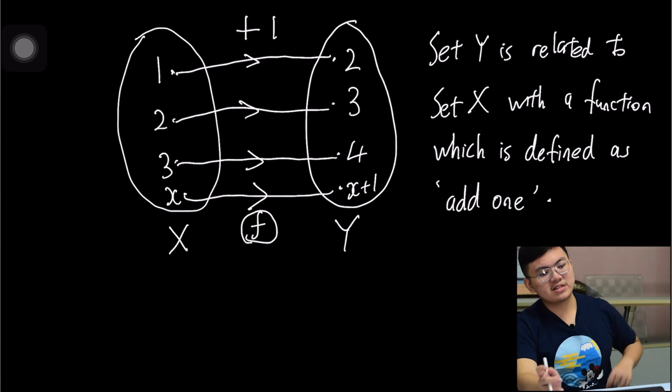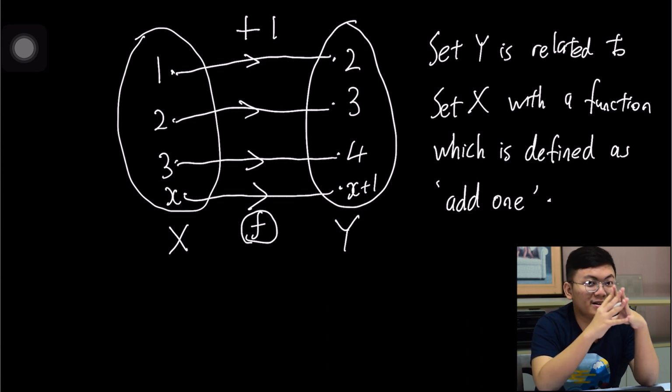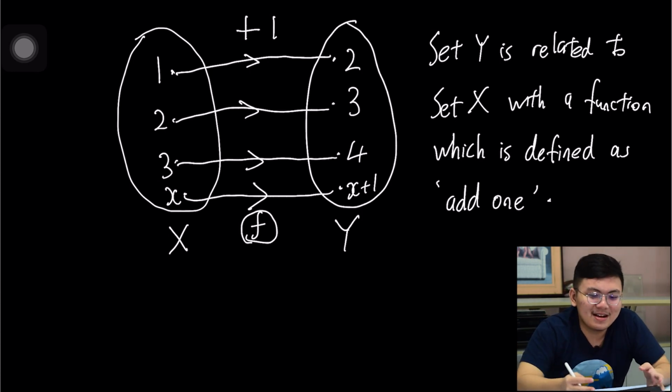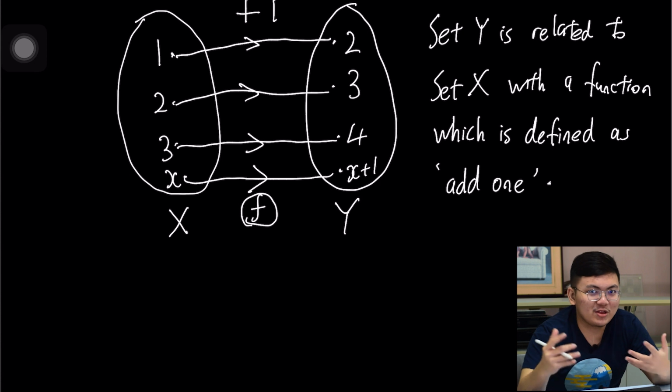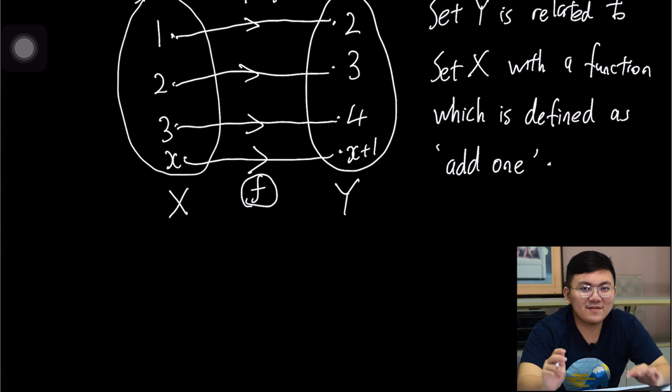So this is how we describe a function in words. Mostly I don't think it will appear in our exam paper, but never mind, just for your information. So how to convert it into a mathematical way? We need to relate it with the function notation.